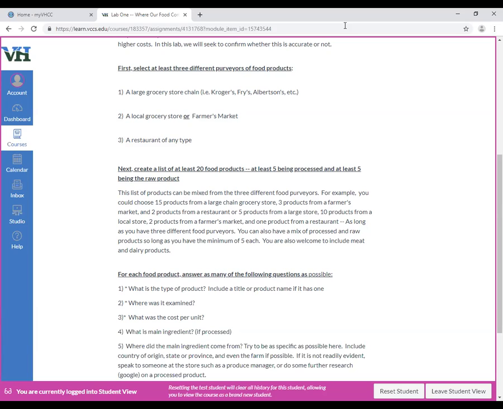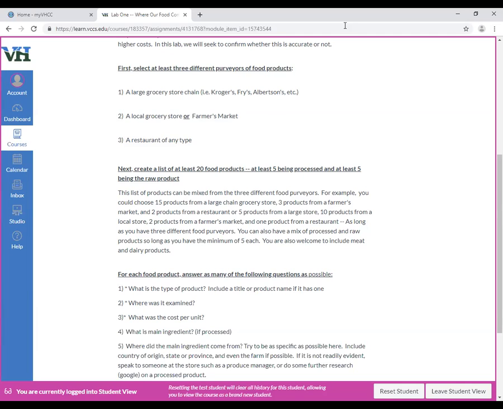Ideally a farmer's market, that way you can speak directly to the person producing it. I think that's one of the better ways to learn about it, and could create many more conversations too. But a local grocery store would be fine too.